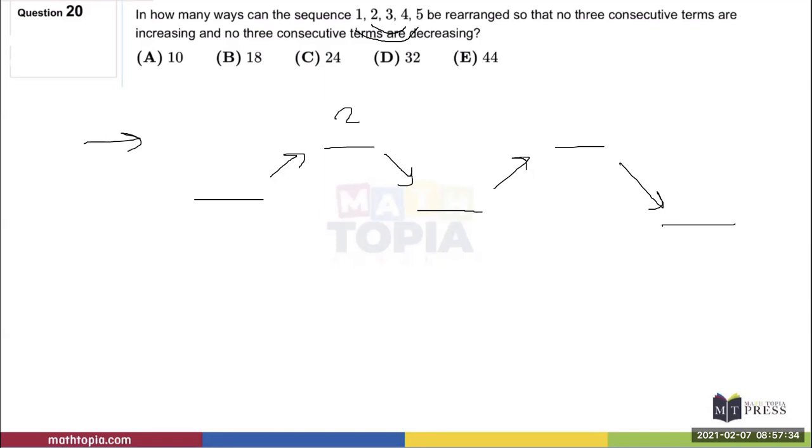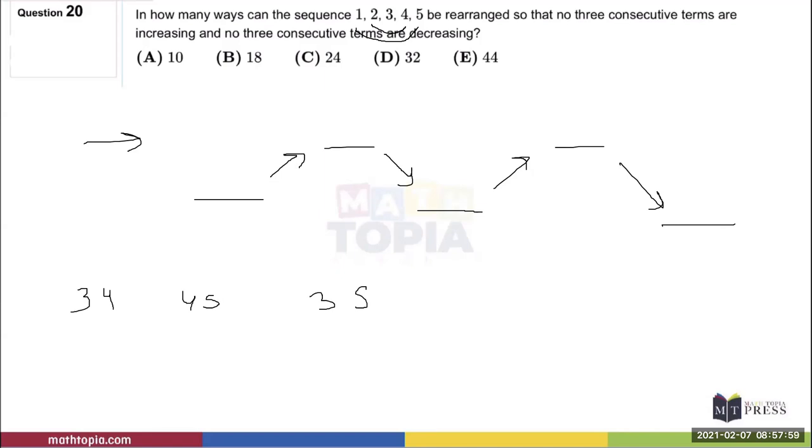Because if we have 2, then both of the numbers below it would have to be 1 in order for them to be less. But that doesn't make sense because we don't have 2 1s in this sequence. So we know that these two numbers up here have to be 3, 4, or 5. So we can break this down into 3 cases: 3, 4, 4, 5, and 3, 5, right?